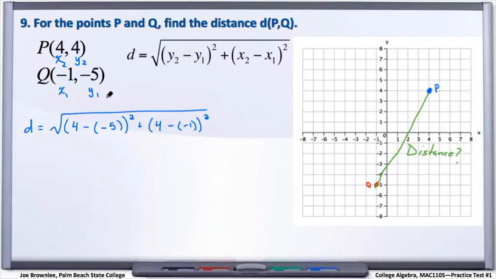Notice that plugging in, I'm using parentheses, especially for the y1 and x1, because we want to make sure that we watch our signs. If you forget to use parentheses, sometimes you may forget that this negative sign has to be distributed, right? And so this really turns into a plus.